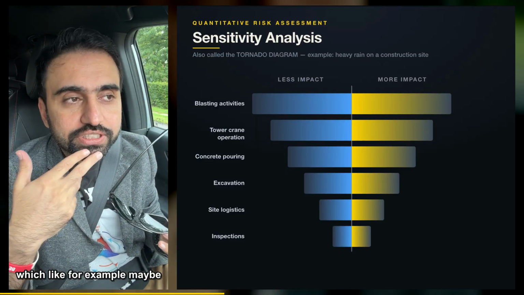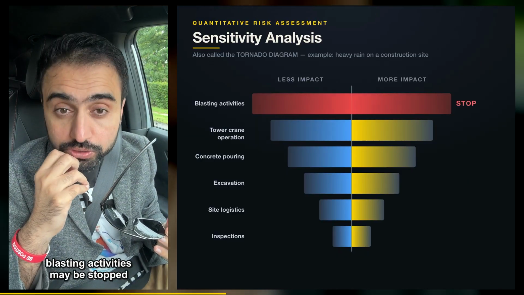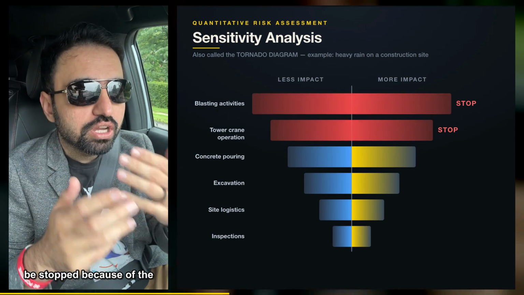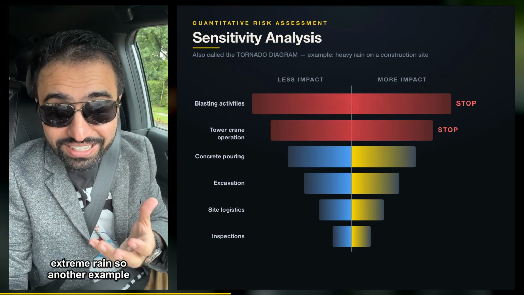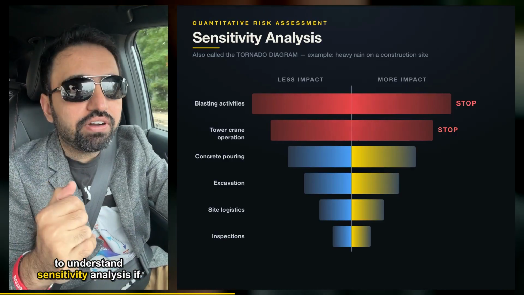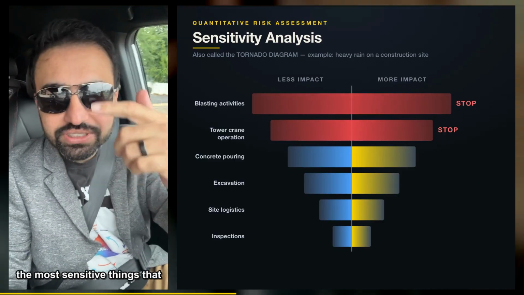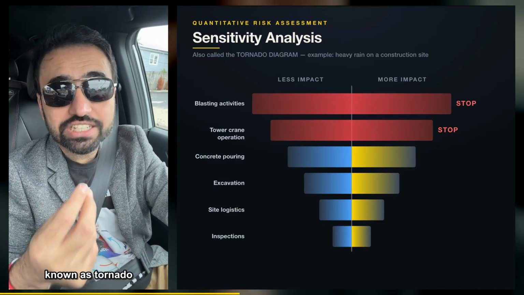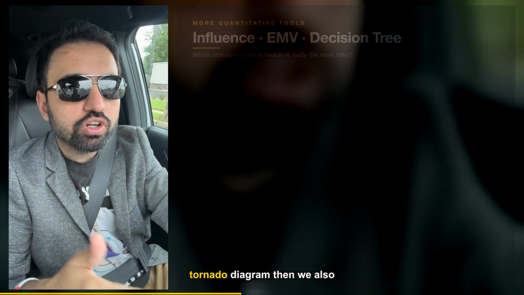Maybe blasting activities may be stopped, or maybe the tower crane may be stopped because of the extreme rain. Another example to understand sensitivity analysis: if a fire happens, what are the most sensitive things? That is your sensitivity analysis, also known as the tornado diagram.